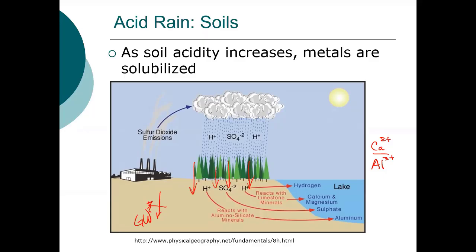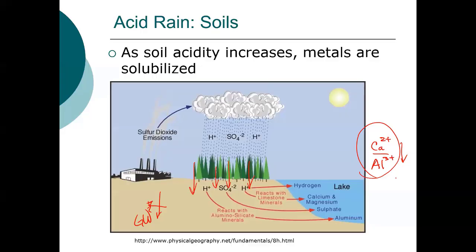So this decrease, what happens is the calcium concentrations are increasing to a greater extent. Yes, I'm sorry, not sure what I said. Should say calcium aluminum. So yes, I did mean calcium aluminum. So this calcium aluminum ratio will decrease.